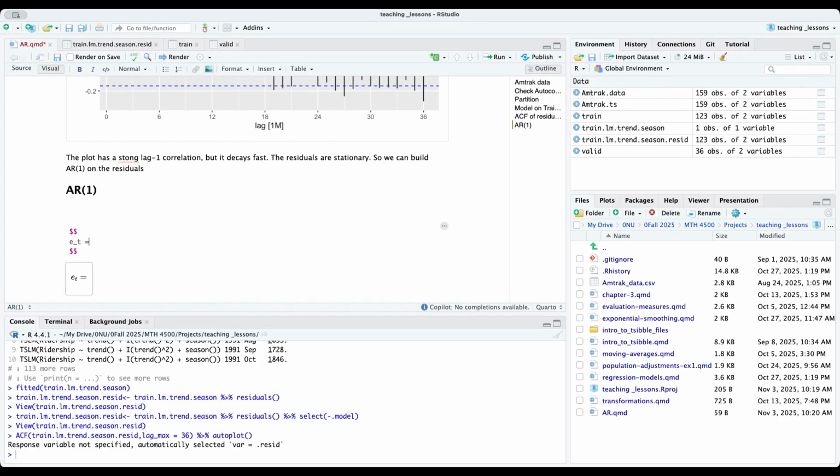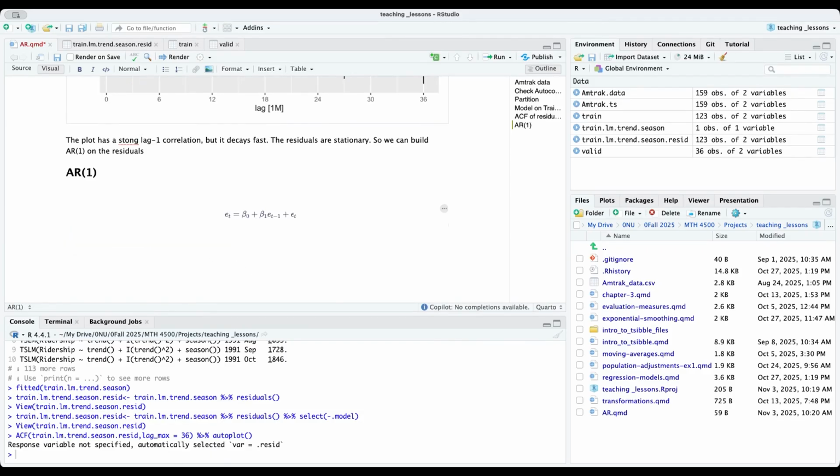We are modeling the error. Remember, the error is going to be equal to beta naught plus beta 1 times the previous error plus what is left over, epsilon t. So beta naught is going to be the intercept.